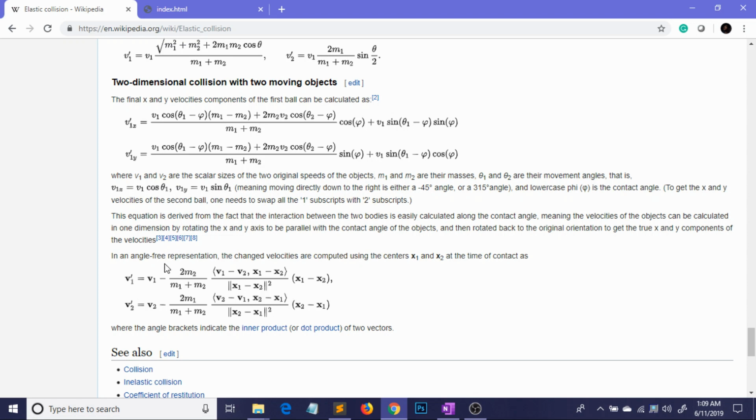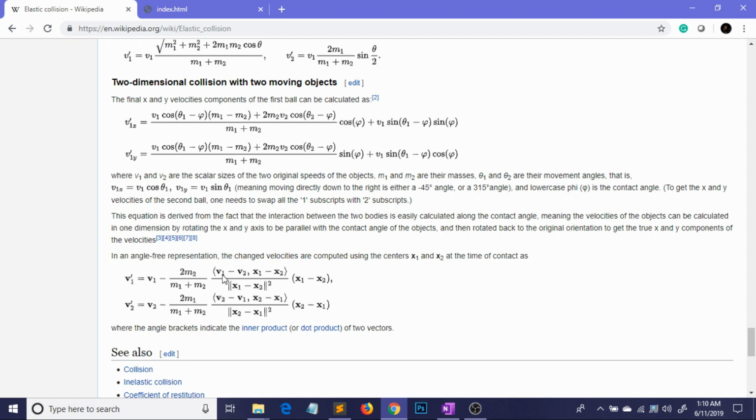You can see that here the same thing is written, but in vector format. And in vector format, if you are familiar with vectors, you must be familiar with the concept of dot product, which is exactly used here. You can see that the inner product, dot product, the angle brackets indicate the dot product. So this is just a dot product of these two vectors. And by the way, the bold letters here actually denote the vector.